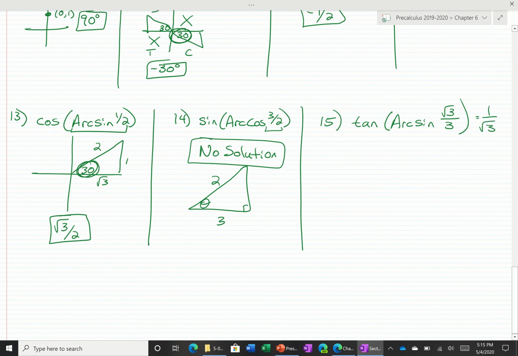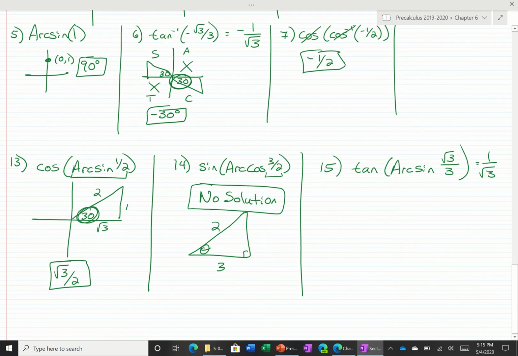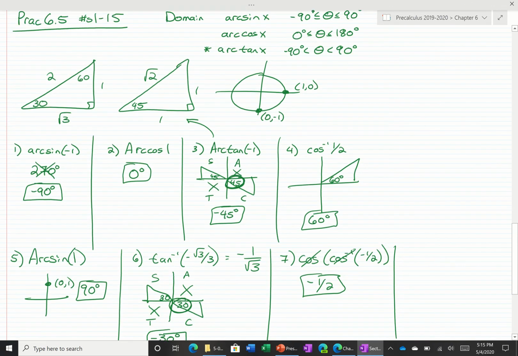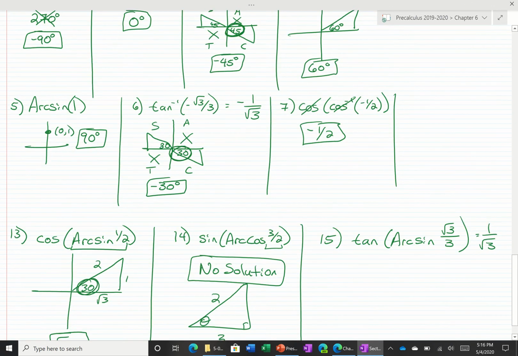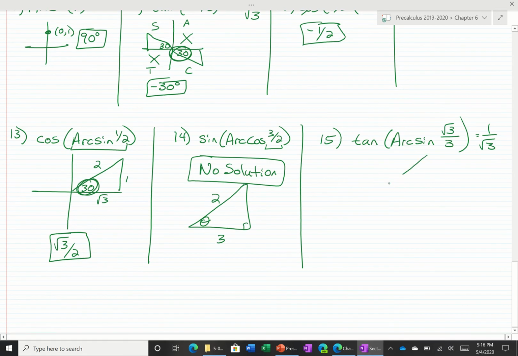That's the non-rationalized version. Well, if you look at our special triangles to get sine of 1/√3, I'm not sure, so let's draw a triangle. We're going to use this angle for this part right here, and the sine is going to be 1/√3.